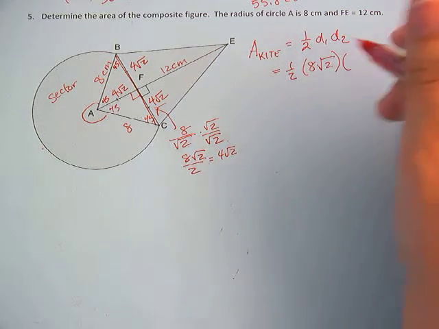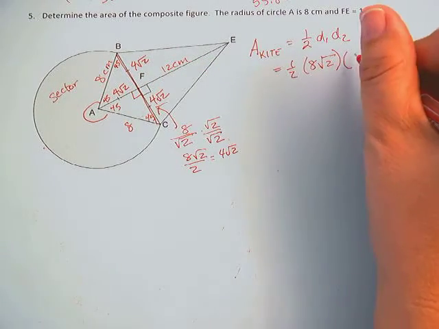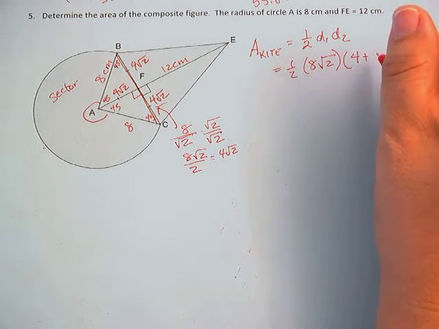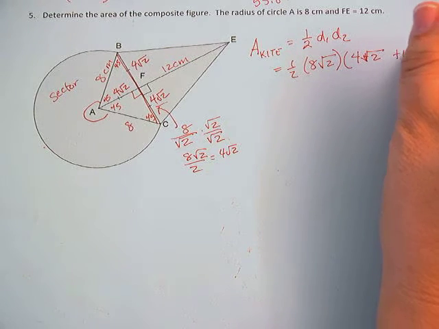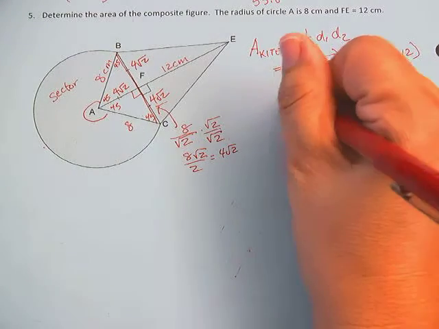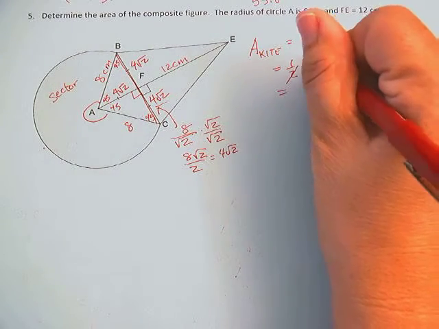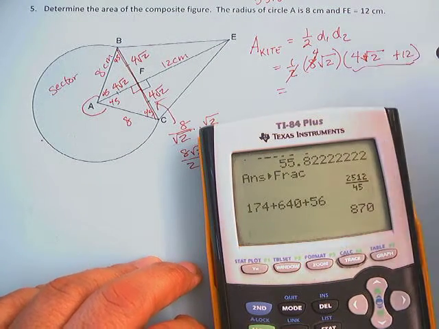Diagonal 2 is a little trickier because you got 4 square root of 2 and 12. You can't say that's 16 square root of 2. You actually have to plug it into your calculator, 4 square root of 2 plus 12, and then just have it figure it out, all right? So let's go ahead. I'm going to change that to 4 to make less division on there. And I'm going to do this part first because that's a little messier.